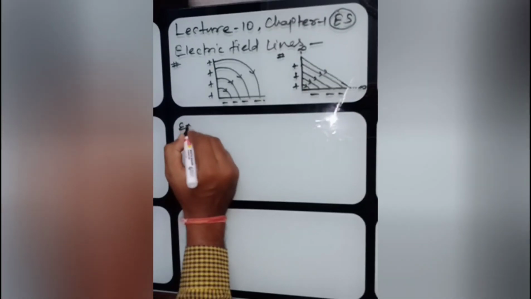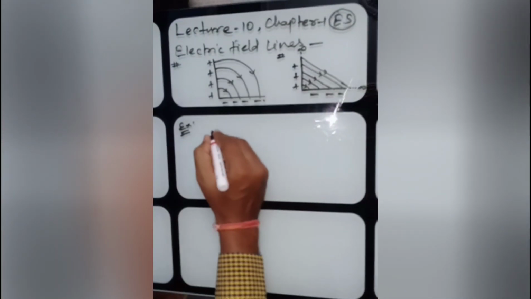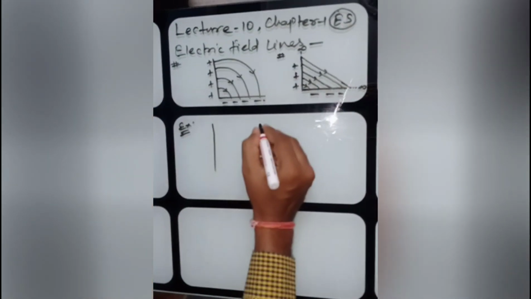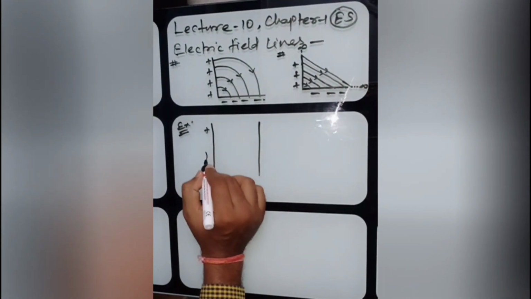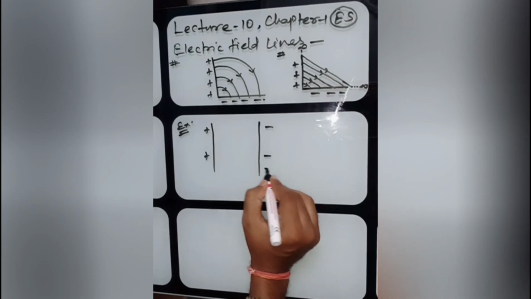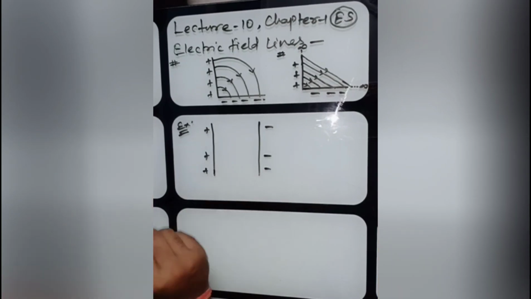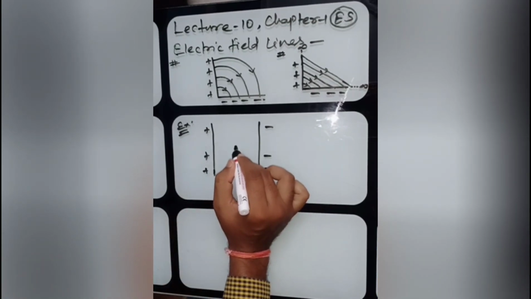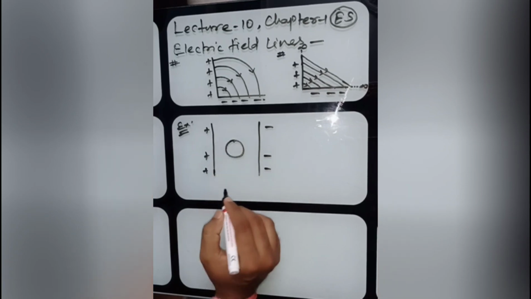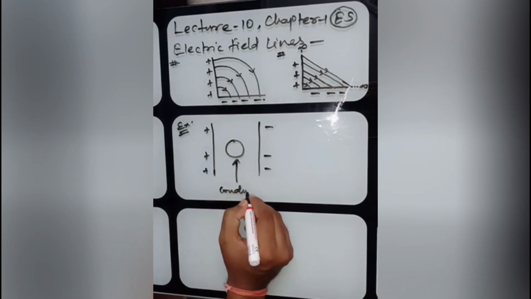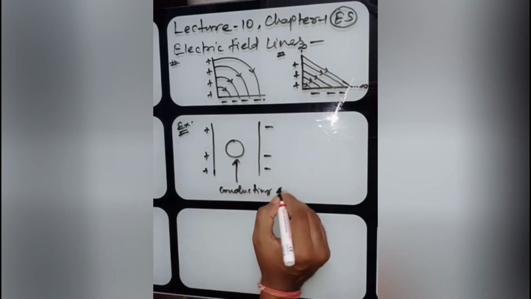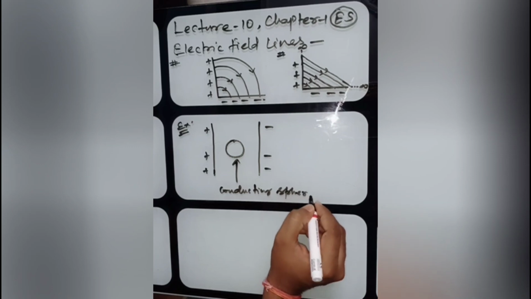Another example, students, if you can draw. Two charge sheets. This is a positively charged sheet and this is a negatively charged sheet, and here I will place a conductor, a conducting sphere.